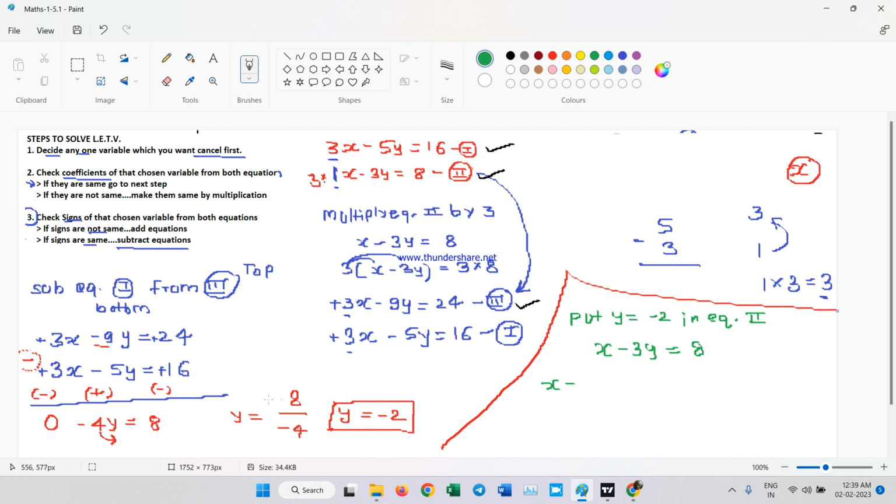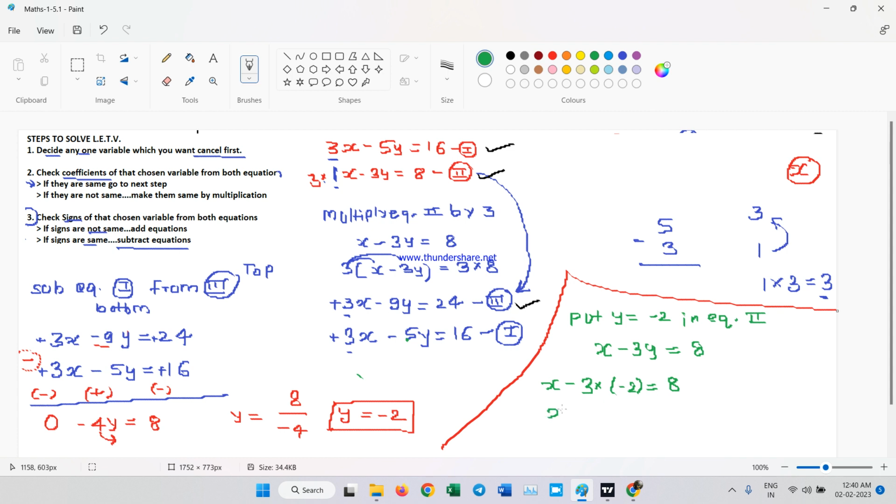And as you can see, I have decided to cancel the x, no? So the x has successfully cancelled out. And now we are going for y. Now there is a multiplication, and this is your minus 2.